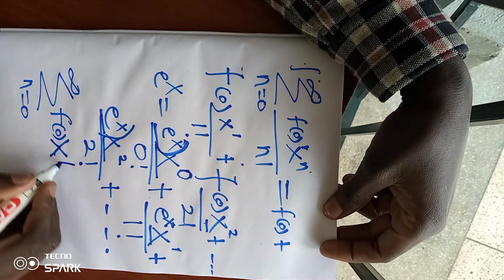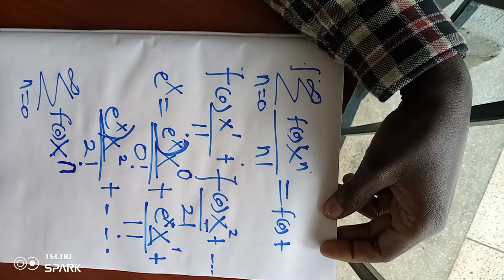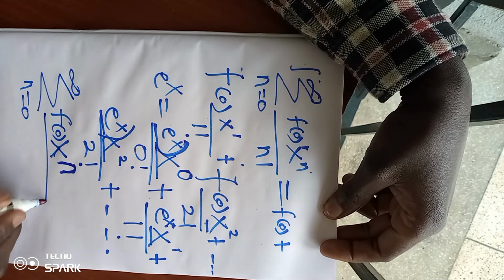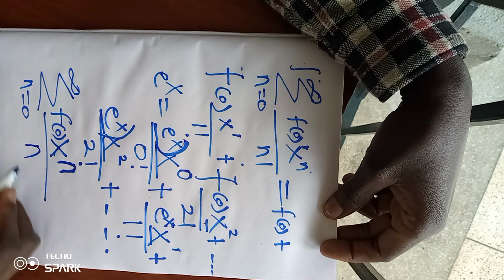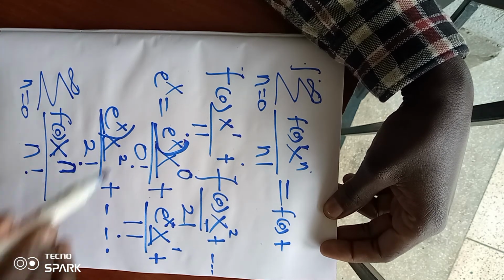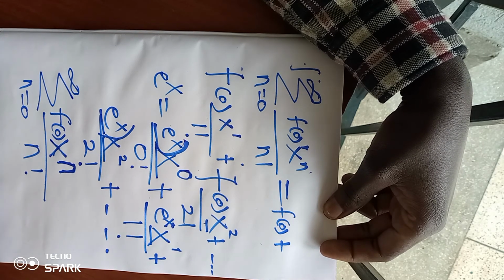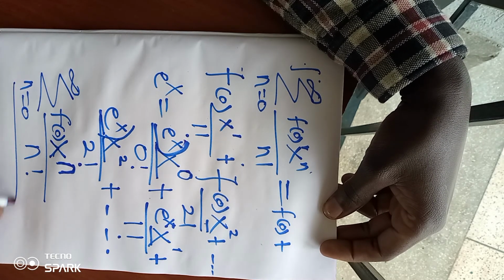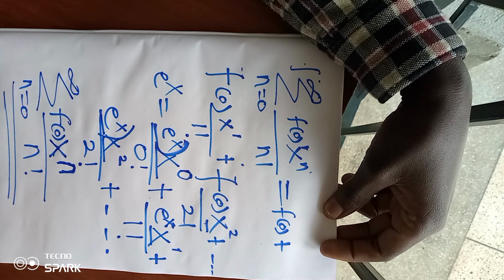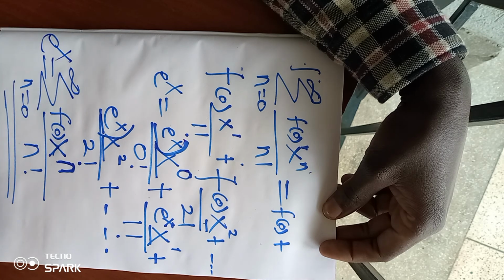So we represent it with n, so it will be x raised to power n, over n factorial, since the factorials also vary: 0, 1, 2, 3, and so on. So this is the overall formula of the Maclaurin series of e exponential. Thank you.